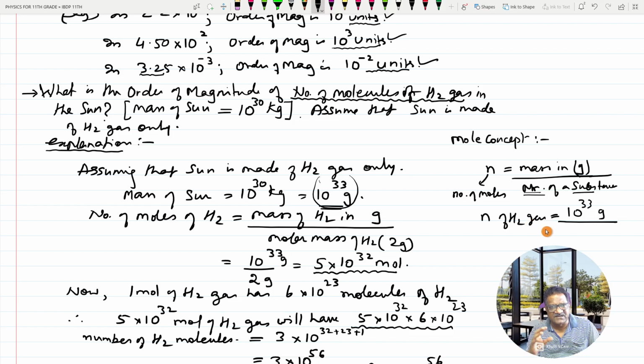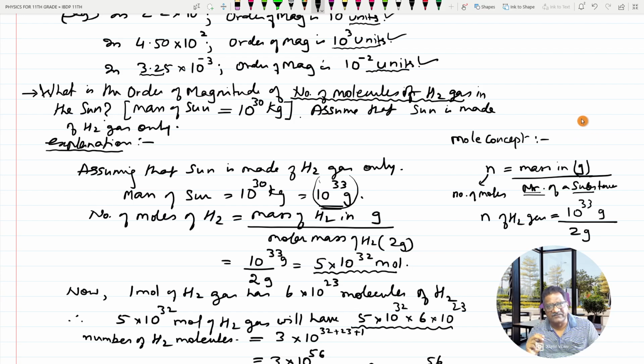Now the substance is hydrogen gas. What is the molar mass of hydrogen? Molar mass is nothing but the number of protons and neutrons in a hydrogen molecule. So molar mass of hydrogen will be 2 grams, because it has one proton and zero neutron.